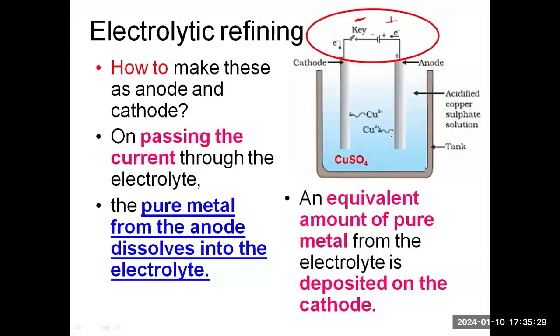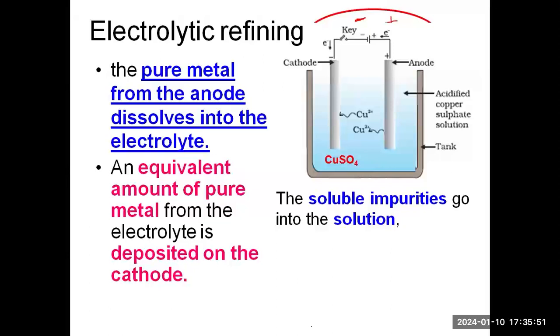Now, an equal number of copper ions, which from the solution are going to the cathode, start coming out from the anode into the solution to maintain the equilibrium.